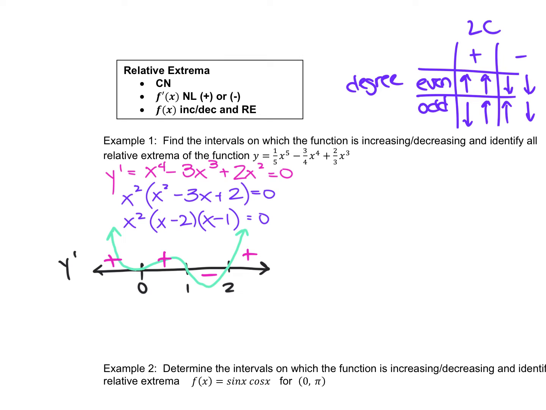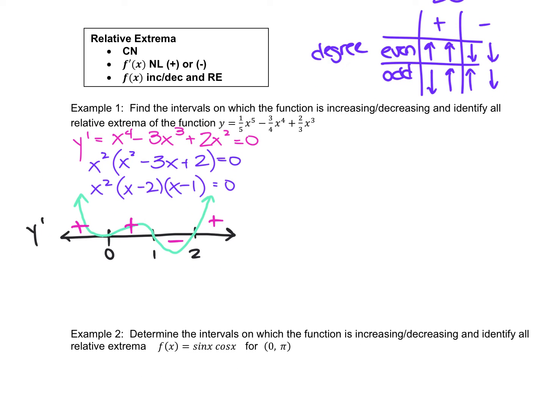We filled in the blanks and we said our original function is increasing where our derivative is positive. So remember how we used to write increasing, decreasing intervals last year? We can do that without ever looking at the graph of the original because of the derivative. So we now know y is increasing.